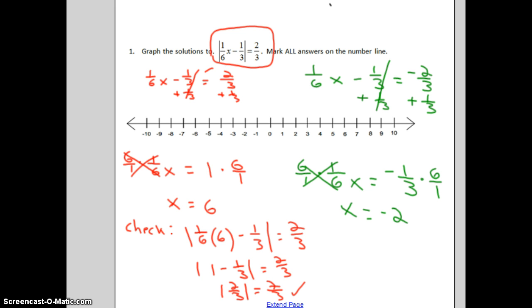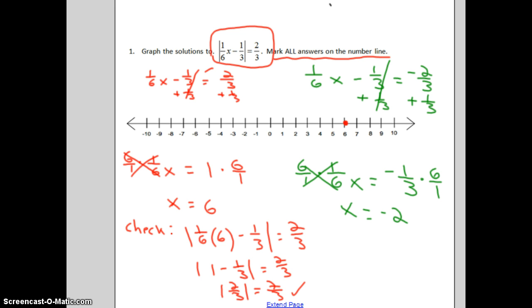True statement. So, x equals 6 is one of our solutions. Remember, our instructions said mark all answers on the number line. So we're going to put a solid circle right at 6.